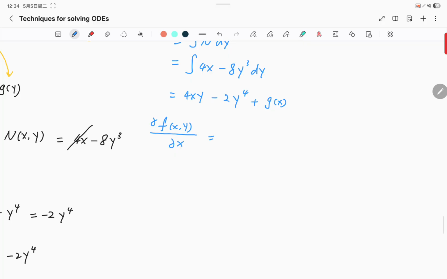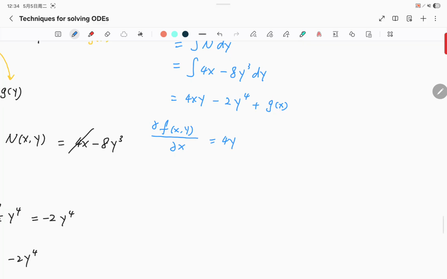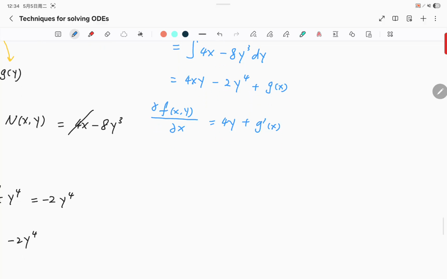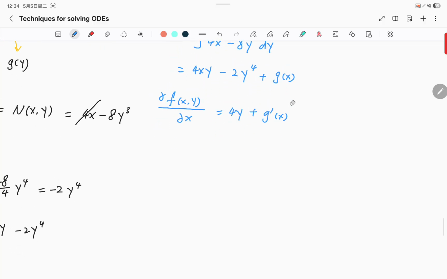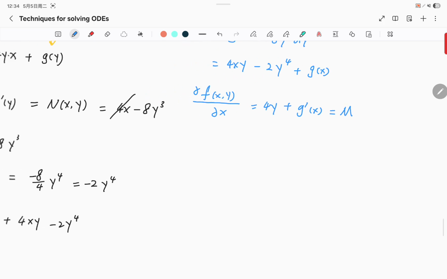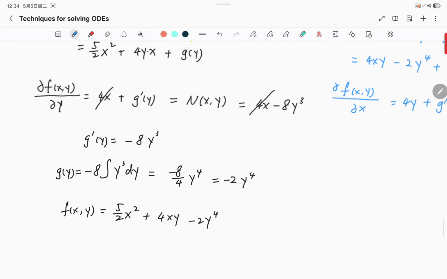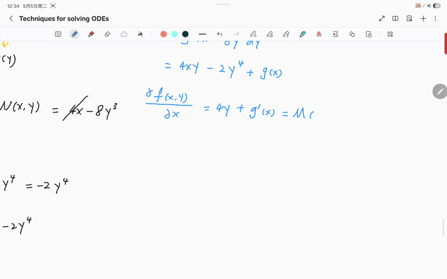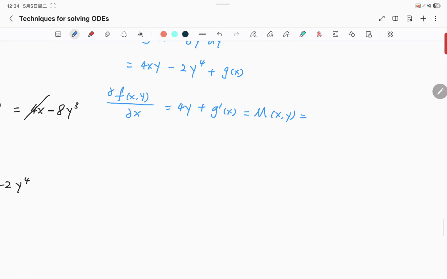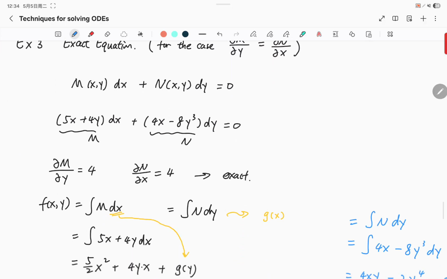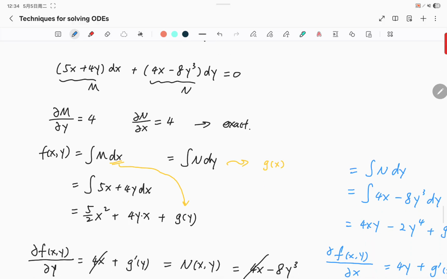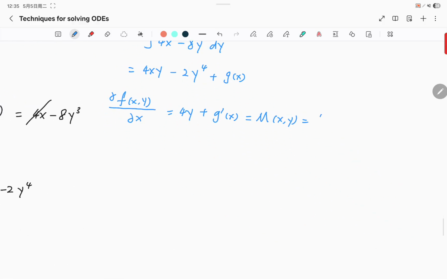So when you see x, differentiate. When you don't, that's 0, plus g prime of x is equal to M of xy, which is here 5x plus 4y.